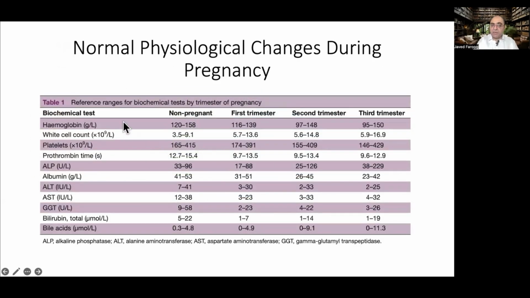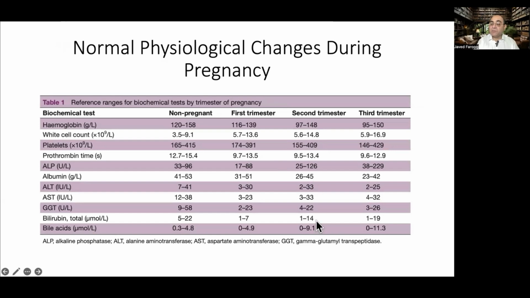Again, this is the same thing, giving the levels of hemoglobin, white blood cells, platelets, PT, alkaline phosphatase, albumin, ALT, AST, GGT, bilirubin, and bile acids. What are the levels in non-pregnant ladies? Then in the first trimester, what happens?